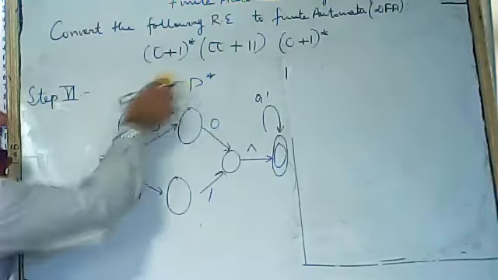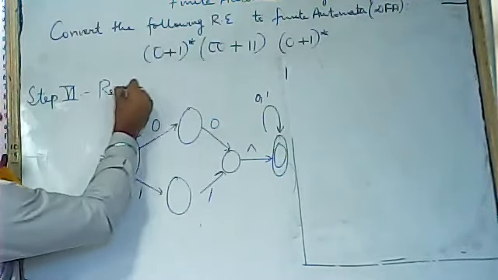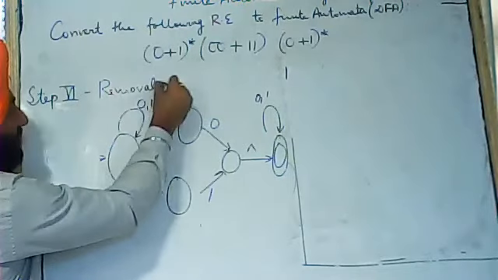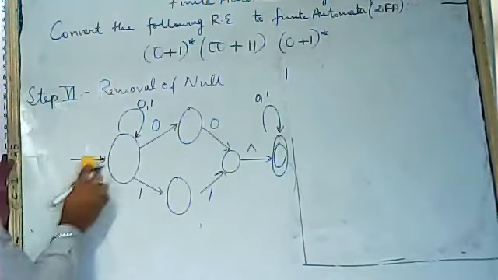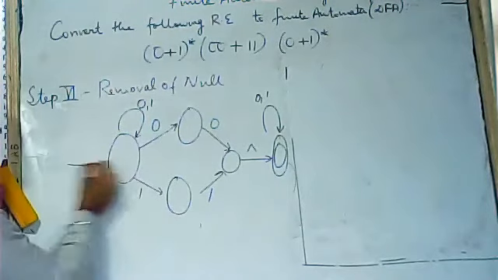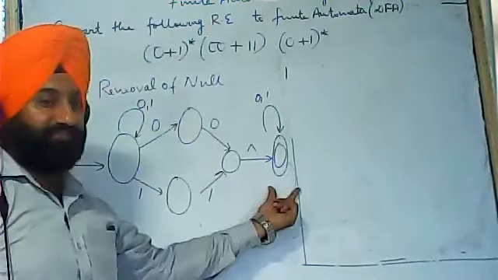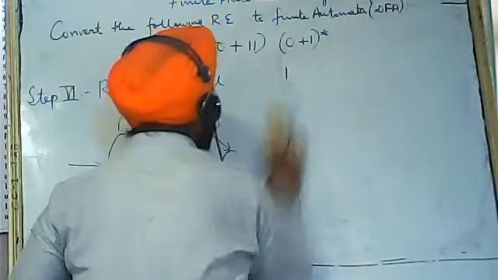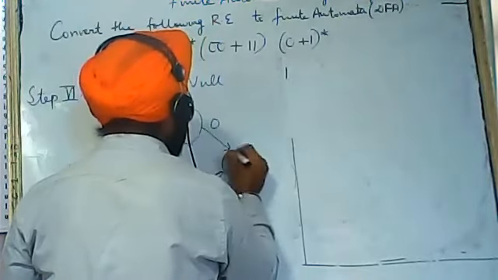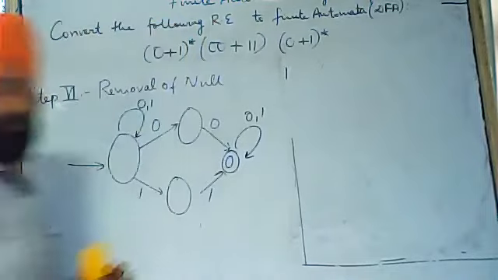The heading is removal of null. It will be acting as your initial state, and by placing this final state onto this, it becomes a final state with 0,1.